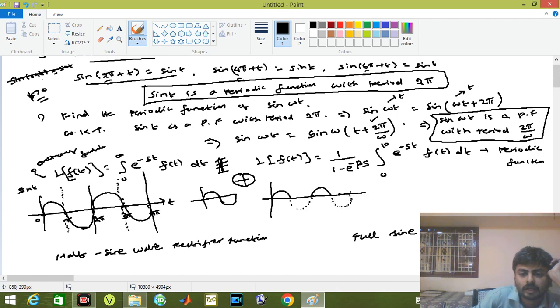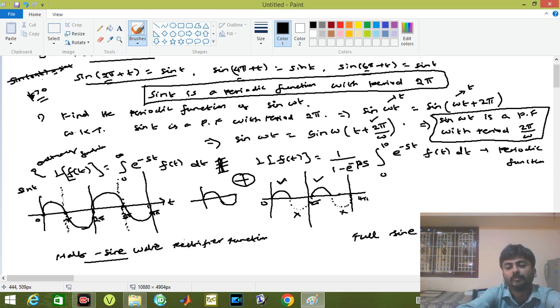See, this is one complete cycle, whereas this is 0, this is 2 pi and this is 4 pi. Only half of the cycle is present and the other half is absent. That is called a half sine wave.